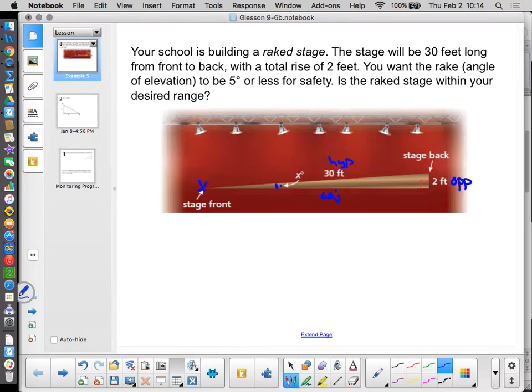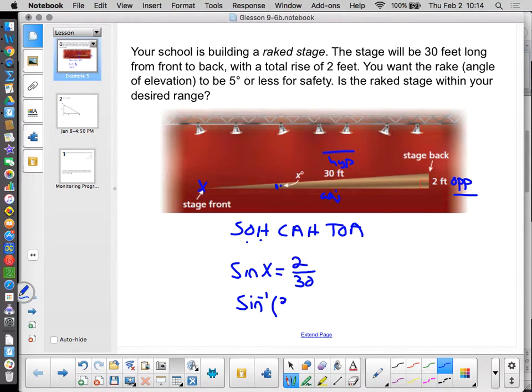The angle is unknown, but we're going to start by setting up our equation. Since I have the opposite and the hypotenuse, using SOHCAHTOA, opposite over hypotenuse gives me sine. So we're going to choose a sine function. The sine of my angle equals the length of the opposite over the length of the hypotenuse. In order to find the angle, I'm going to have to use the inverse function. The inverse function is what we use when the angle is unknown.